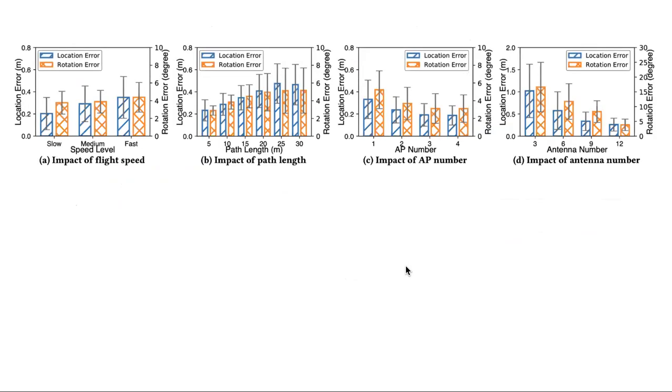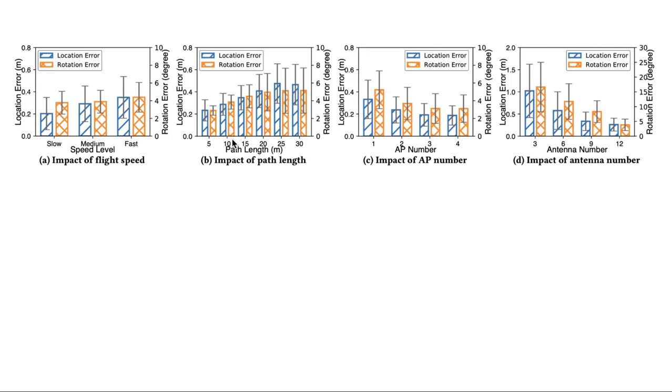And they also test the speed level. With slow, medium, and fast, the location error is robust to different speeds of the drone, and the location error is within 0.4 meters, so at the centimeter level, and rotation error is within 5 degrees.